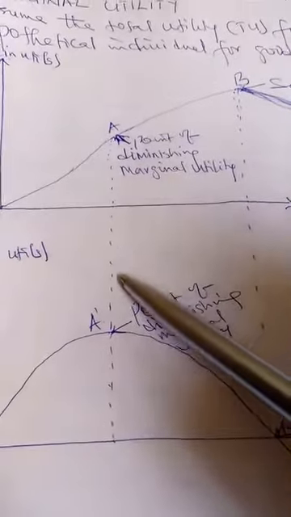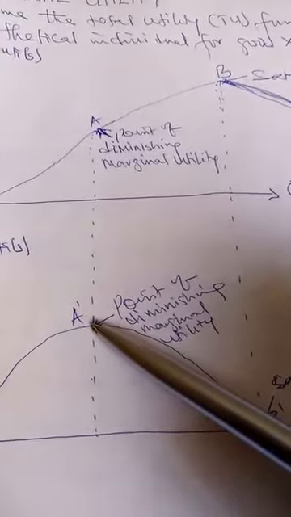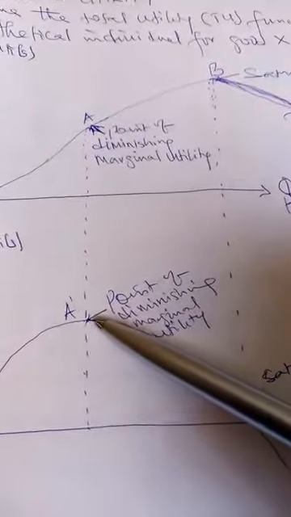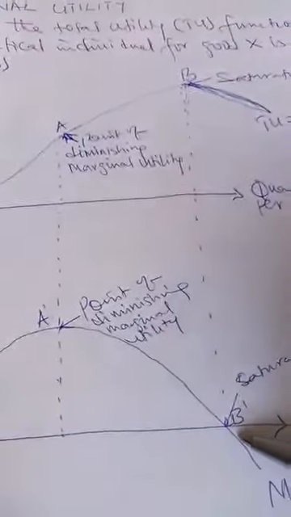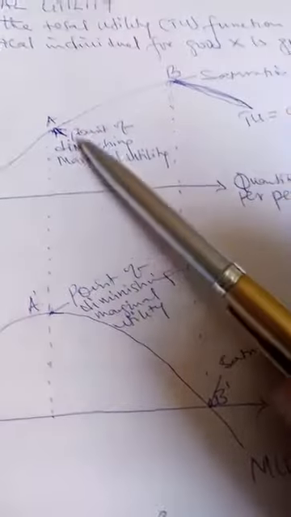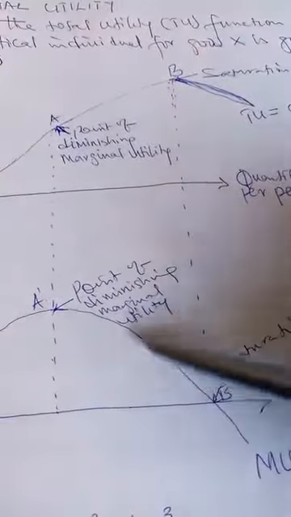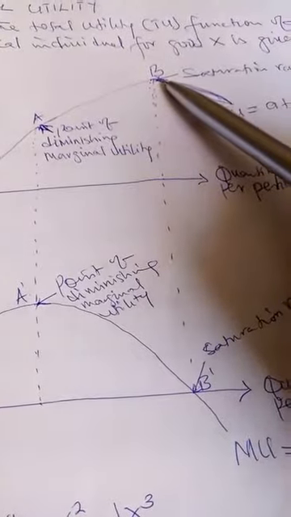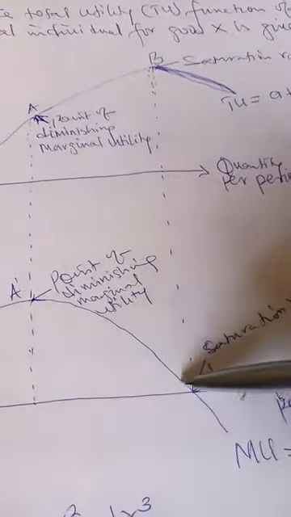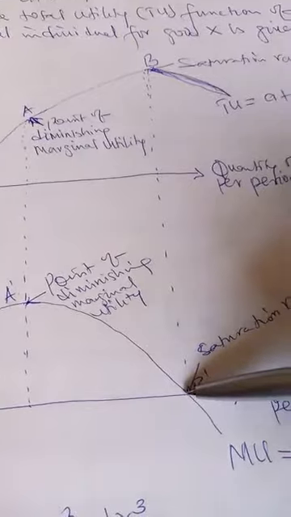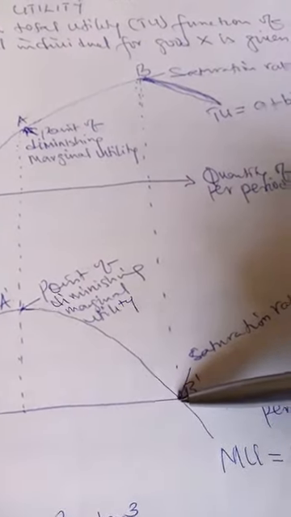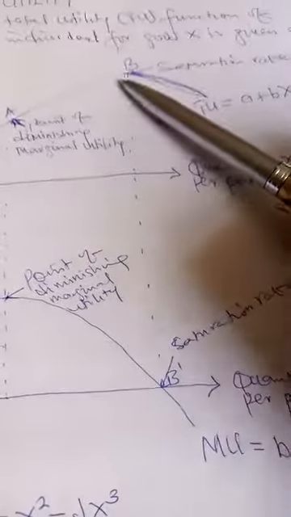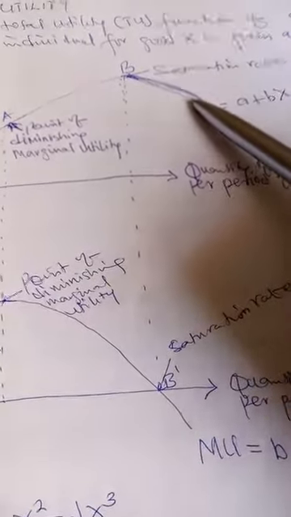At that point, if you look at the B part, at A prime, the marginal utility will also begin to fall. As the marginal utility is falling, total utility will increase in a decreasing manner. It gets to its maximum when marginal utility gets to zero. Rather, when marginal utility gets to zero and starts becoming negative, total utility will be falling.